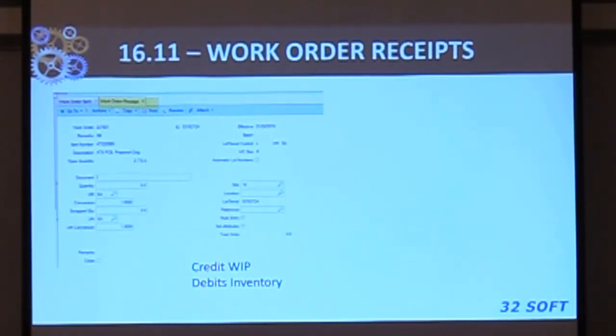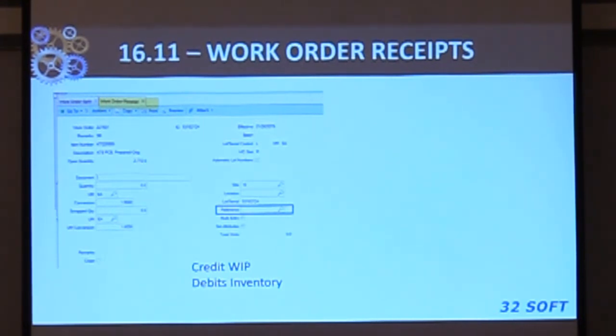Then, once you've created the work order, you've issued the parts, you've applied labor, you've done the work order receipt, and now you're ready to move that final finished assembly into inventory. You use 16.11. So you tell it what work order ID you got, the quantity that you're going to complete, if you're going to scrap any of those final assembly schedules or final assembly part numbers off of the work order, which site, location, and if they've got any reference.